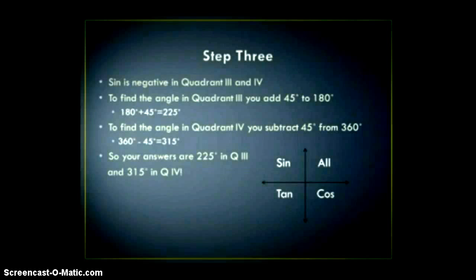So to find our answer in quadrant 3, we need to add 45 degrees to 180 degrees, and that gets us 225. And for quadrant 4, we subtract our reference angle 45 degrees from 360 degrees, and we get 315. So our final answers are 225 degrees in quadrant 3 and 350 degrees in quadrant 4.